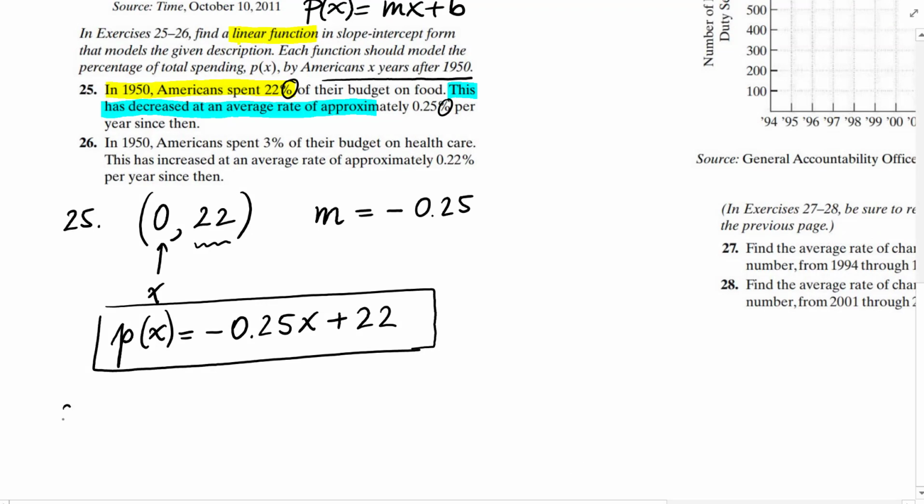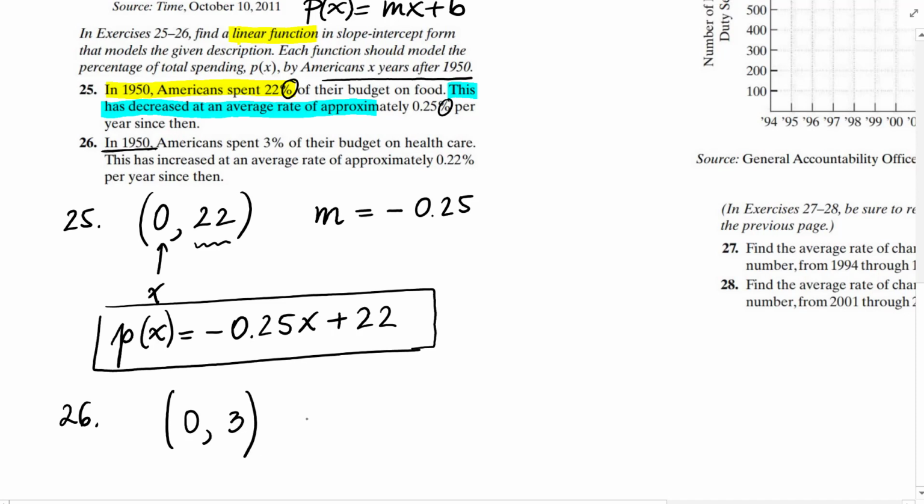Let's discuss problem 26. In 1950, Americans spent 3% of their budget on healthcare. This has increased at an average rate of approximately 0.22%. So in 1950, that means 0 years since then, 3%, so I'm going to put 3.